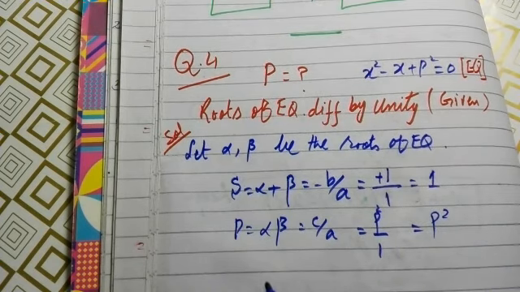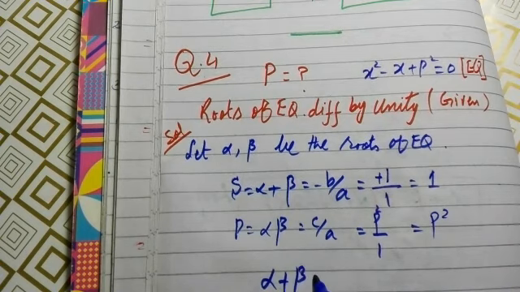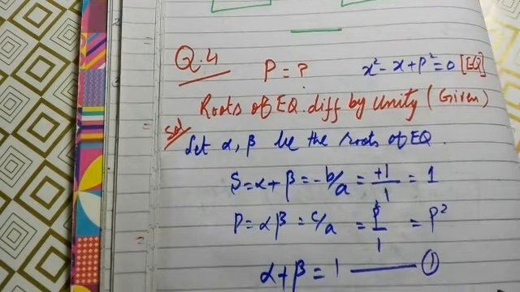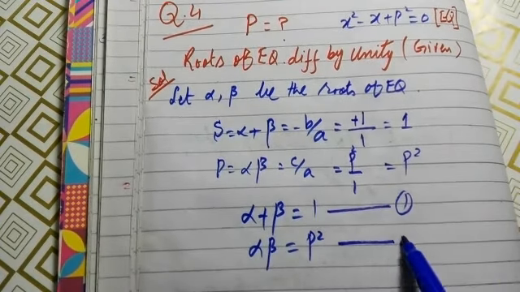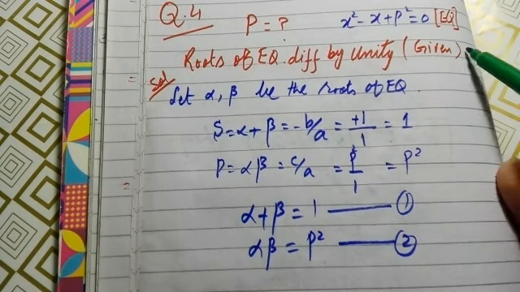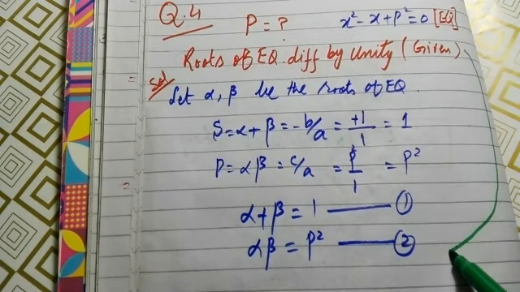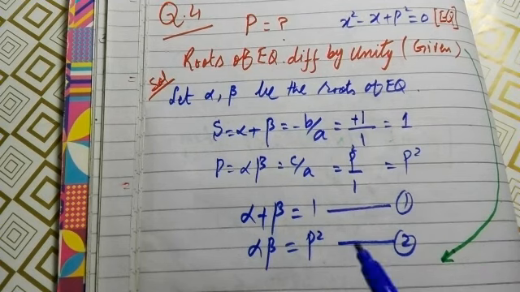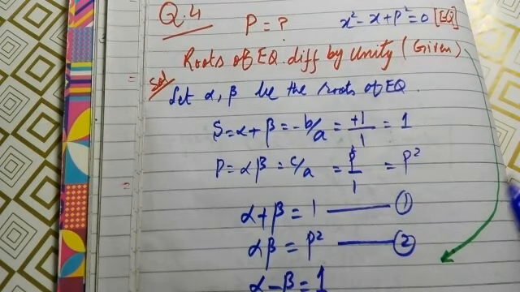Now, if I separately write it, alpha plus beta will be equals to 1, alpha beta equals to p square, and you label it as equation number 1, equation number 2, and I also want to write the translation of what is given actually. So this will be written as difference of roots: if you subtract alpha minus beta, this will be equals to 1. Unity stands for 1.